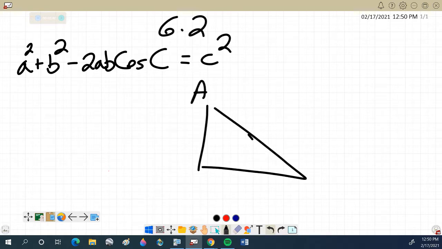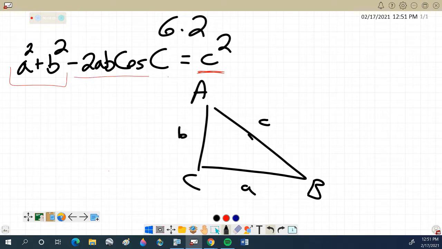So A, B, C, A, B, C. What that is saying is the sum of the squares of 2 of the sides is equal to the square of the third side with this information in there also.